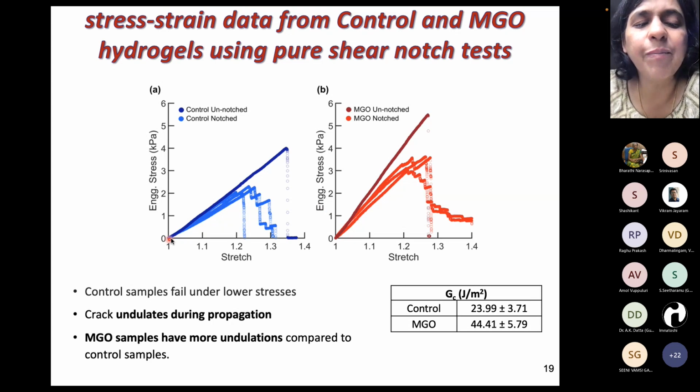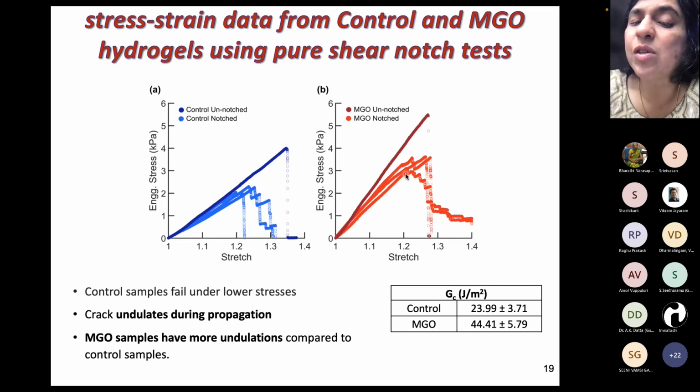So initially, the crack seems to grow, and there is a very sharp drop in the stress. And it's very sharp, and again, it grows. And there are a lot of these steps that we see in both the curves consistently in all the samples before the crack completely runs through the sample and tears the gelatin sheets.